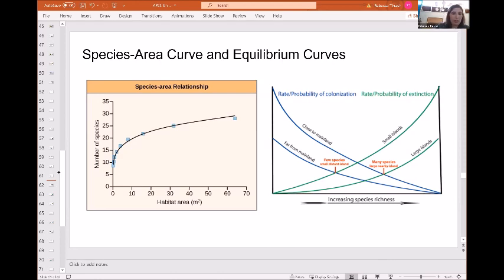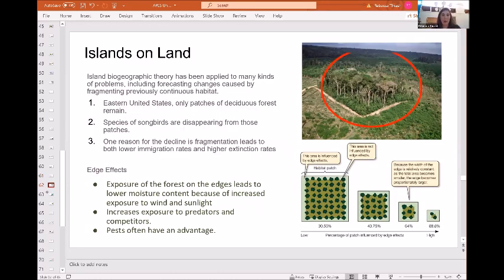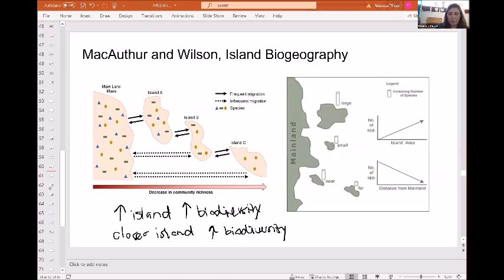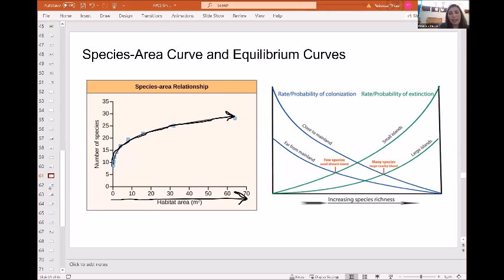And that is because as you increase the amount of habitat, you have, again, more resources, so it can support far more species. This is also going to be important when we talk about human impacts. So if we take an area that is 70 meters square, right?